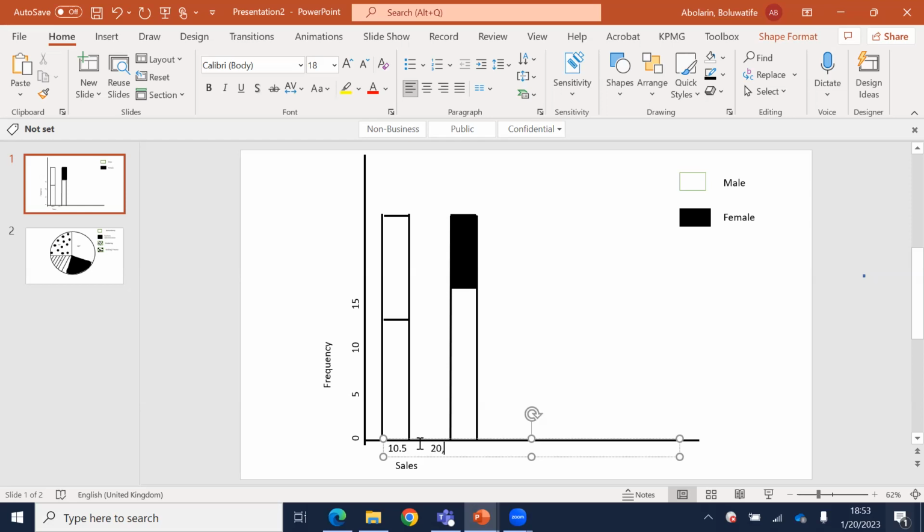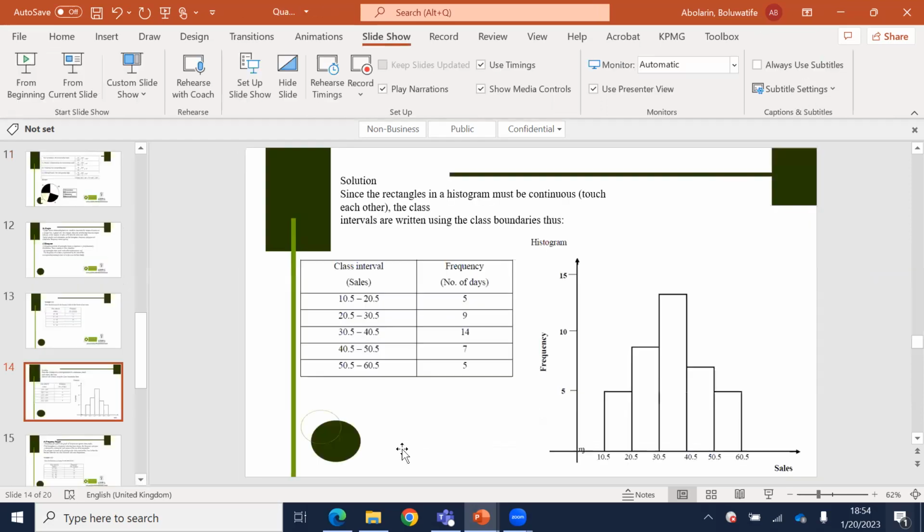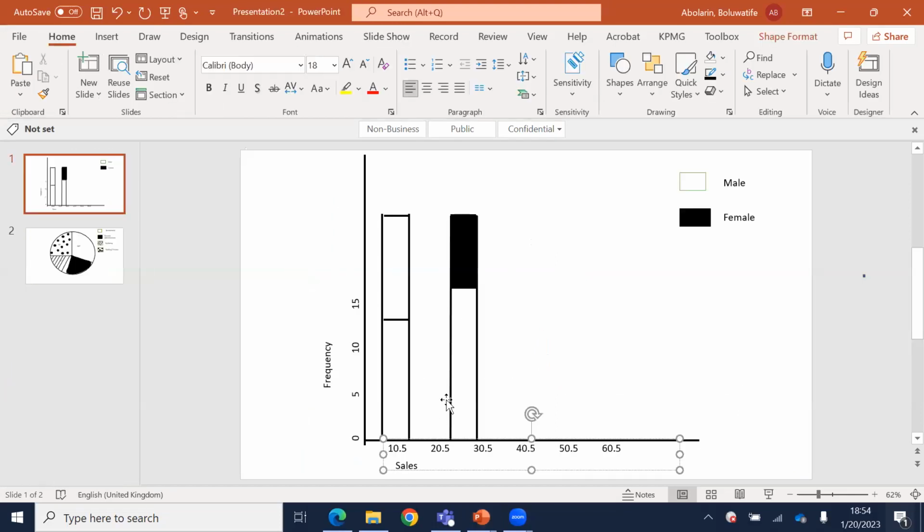Twenty point five, 30.5, 40.5, 50.5, 60.5. So now the first one says 5, right?